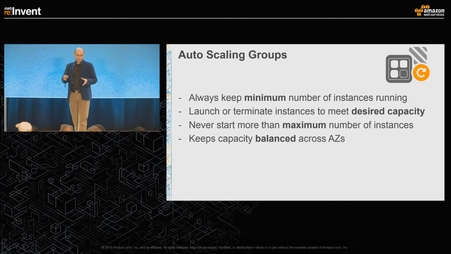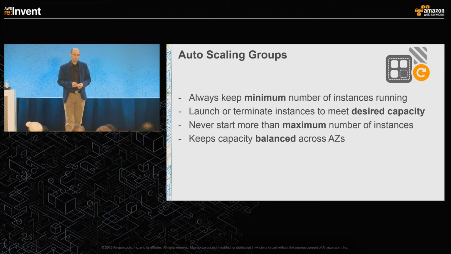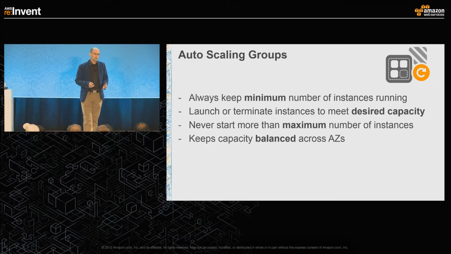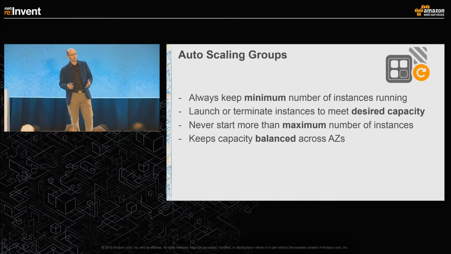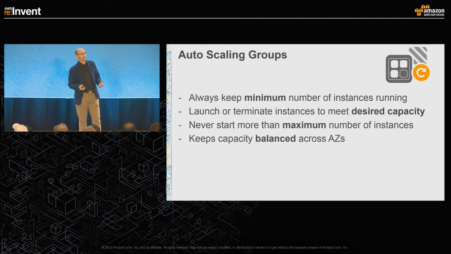So now, once you've defined a group, given that a name, and set those parameters, auto-scaling will do its best to make sure that you always have the minimum capacity, the minimum number of instances running at any time. So it will launch or terminate instances to adapt its current capacity to your desired one. And it will assure you that it won't ever start more than the maximum number of instances.